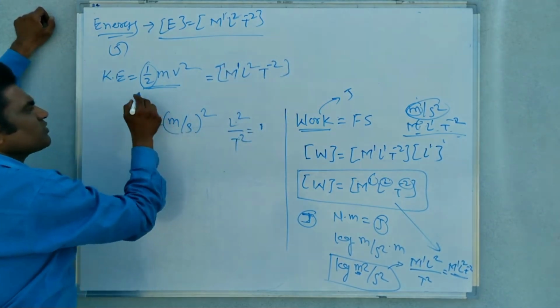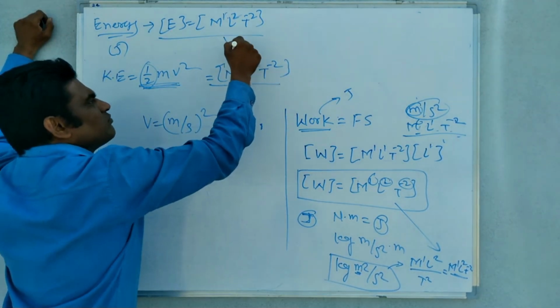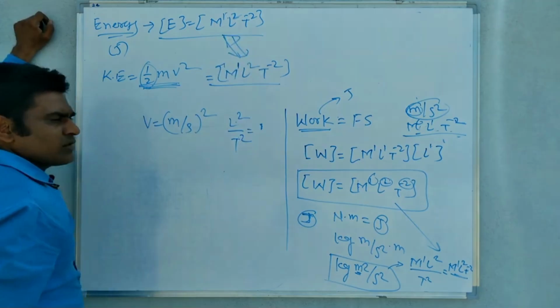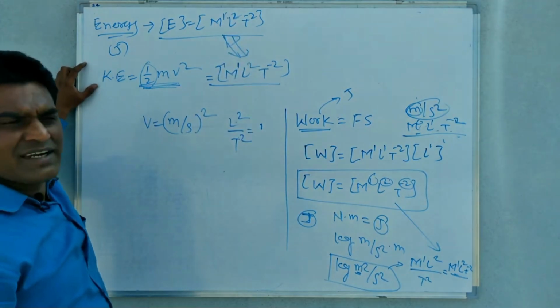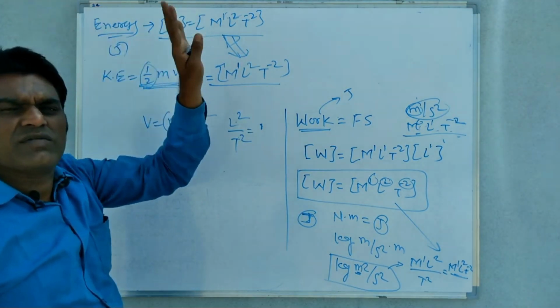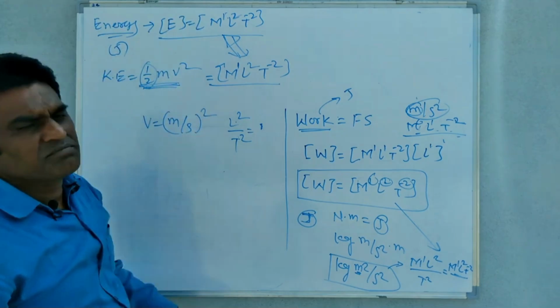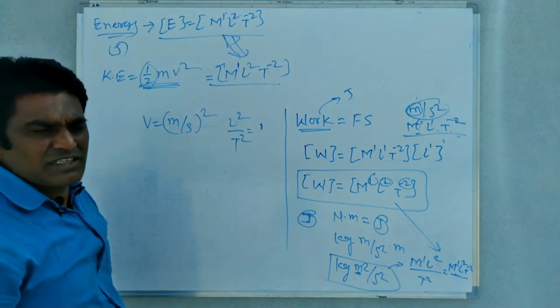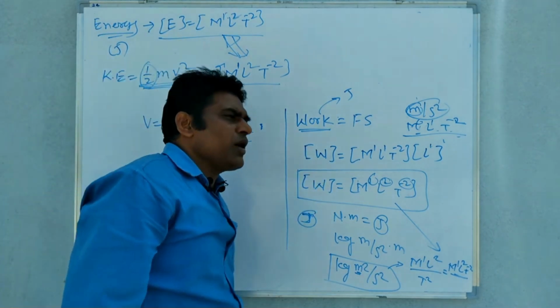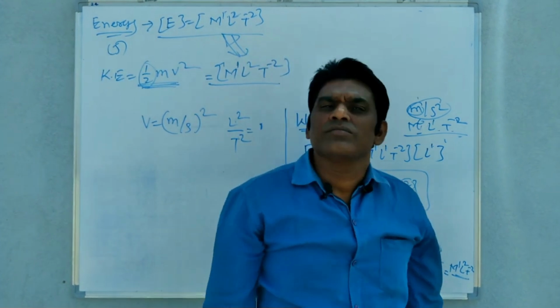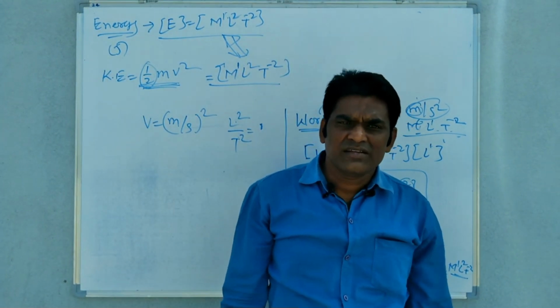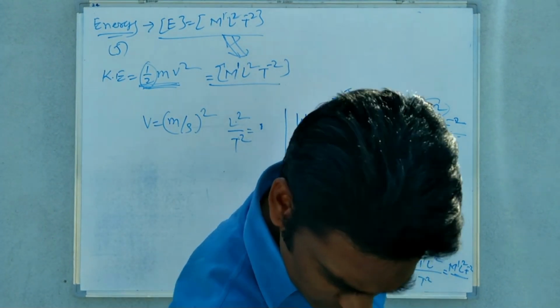Yes. From this also we are getting the same. So whatever may be the type of energy, kinetic energy, potential energy, any other type of energy, you will get the same. Basically, it is equivalent to work. Clear? Any other physical quantity we can calculate?